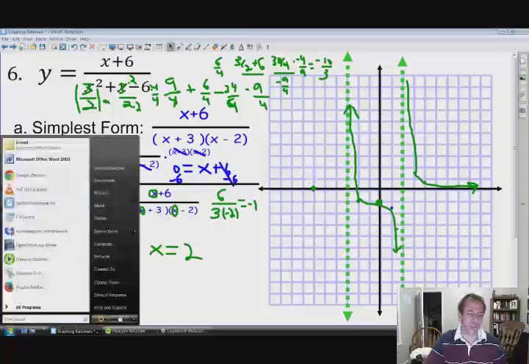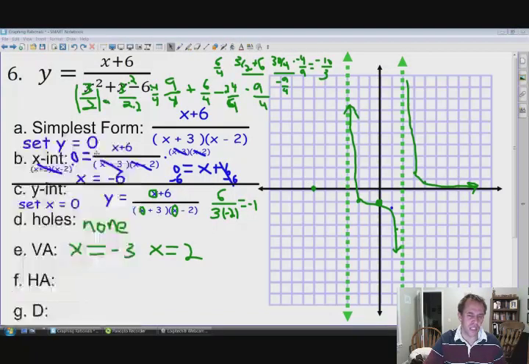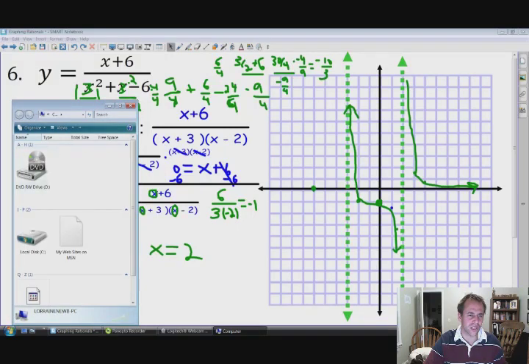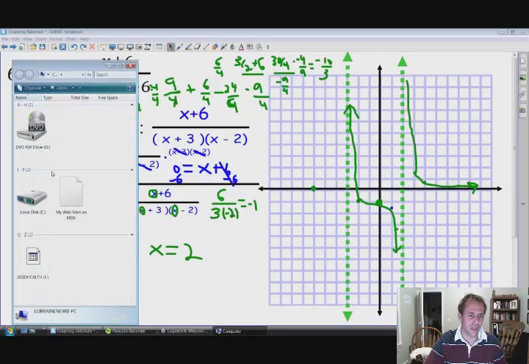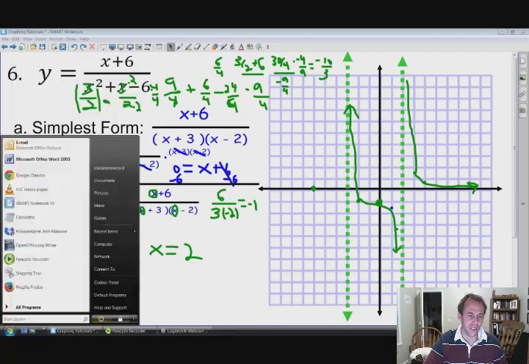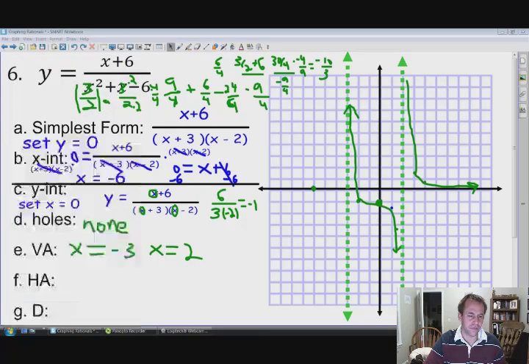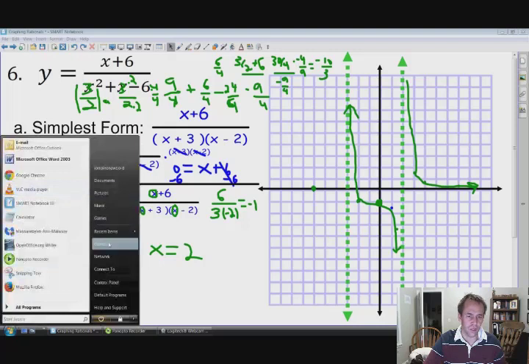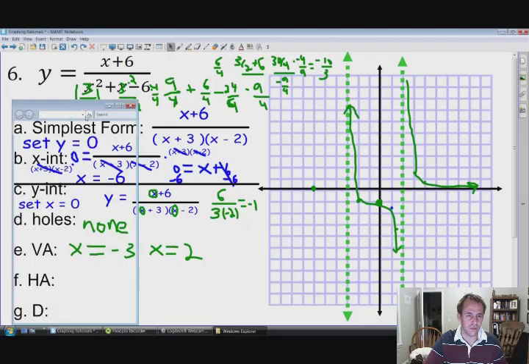Just to double check, because this is kind of the first time I'm teaching this, we're going to go here and take a look at number 6, because I got some help there. Here we go. Let's go to our computer.